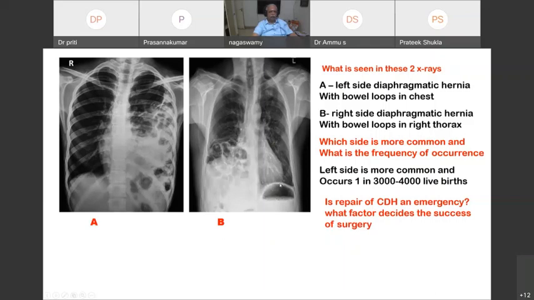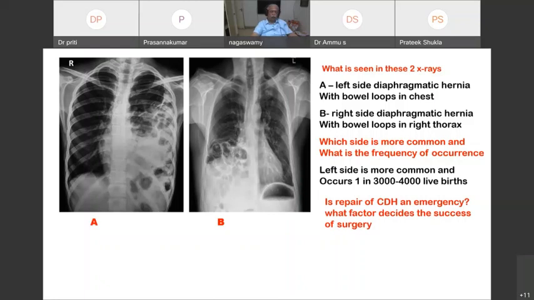The surgery is to repair the defect in the diaphragm, reduce all the contents back into the abdomen, and close the defect in the diaphragm. So the success depends only on the maturity and development of the lung. If the lung is well developed, the survival rate is almost 100%.